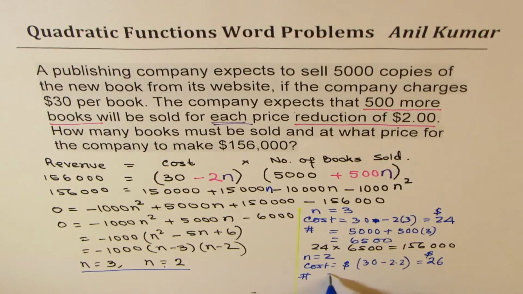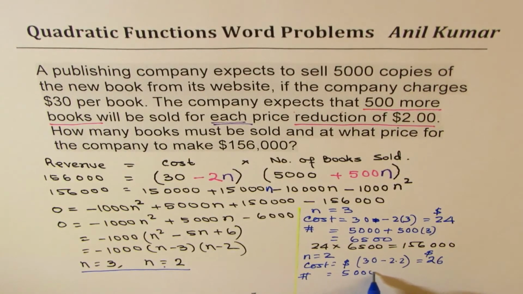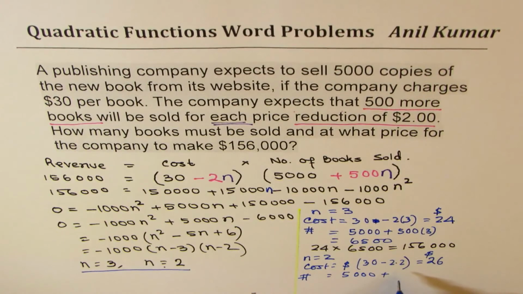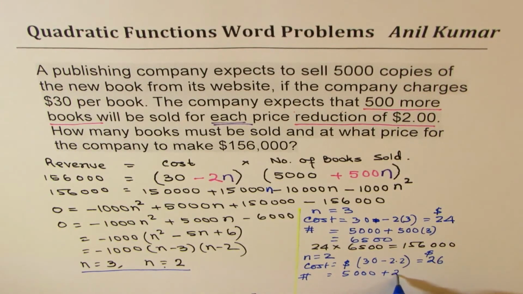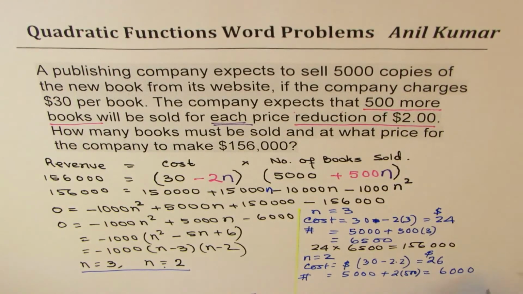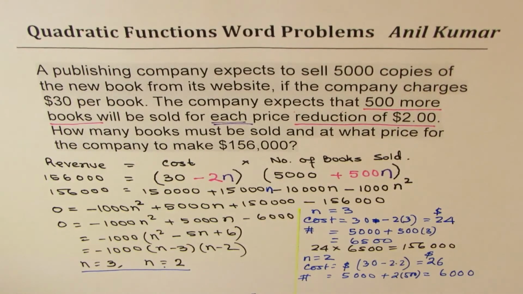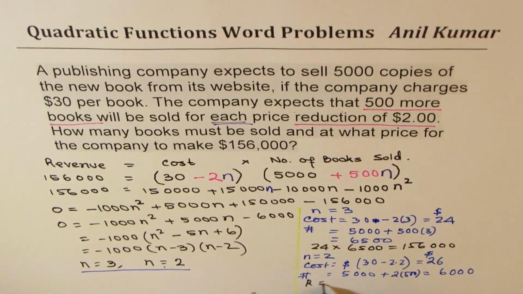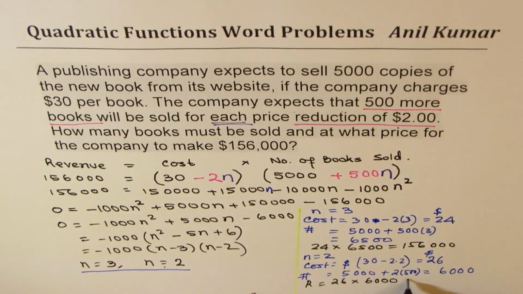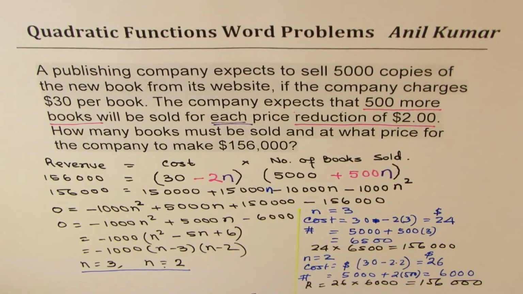It'll be 5,000 plus 2 times 500, which is 1,000, which is 6,000, correct? And now again you can check if the revenue is 26 times 6,000, that should also give you 156,000.